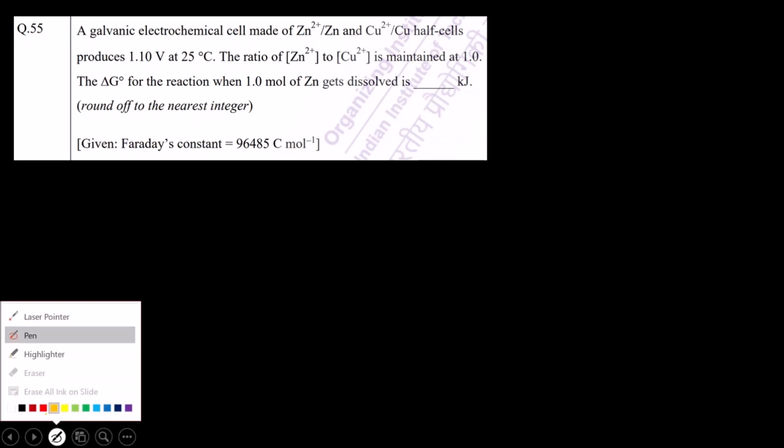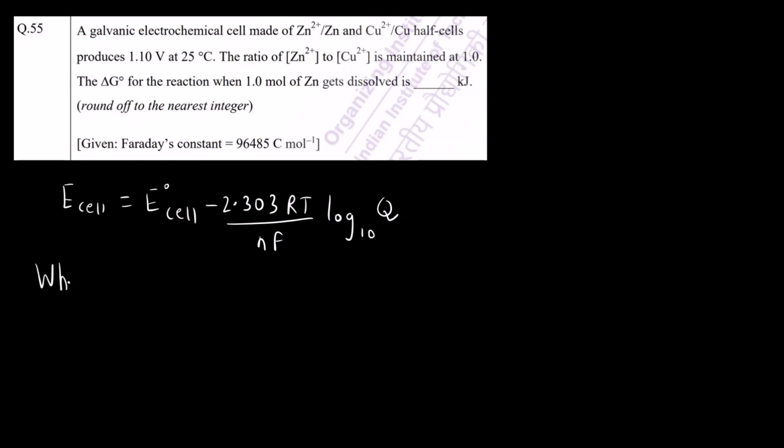The Nernst equation is E cell is equal to E0 cell minus 2.303 RT upon nF log to the base 10 of Q. And when the temperature is 25 degrees Celsius, this entire term 2.303 RT by F, if we solve it, comes out to be 0.0591.